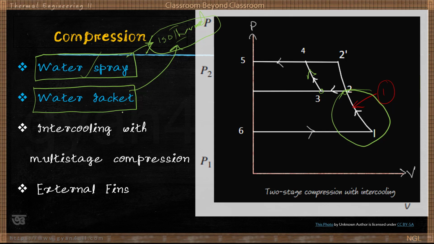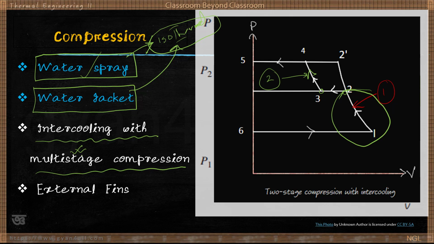Now if we use two stages, say process 1 to 2 is first stage compression and process 3 to 4 is second stage compression, but in between there should be intercooling with multi-stage compression. In this example, we take two-stage compression. Process 1, 2 is first stage compression.